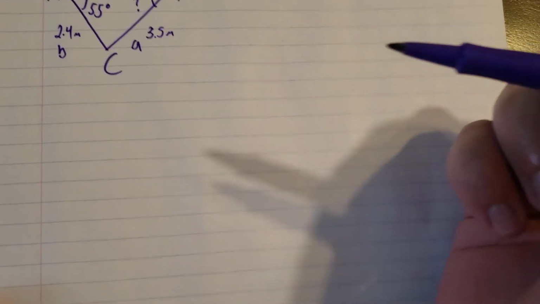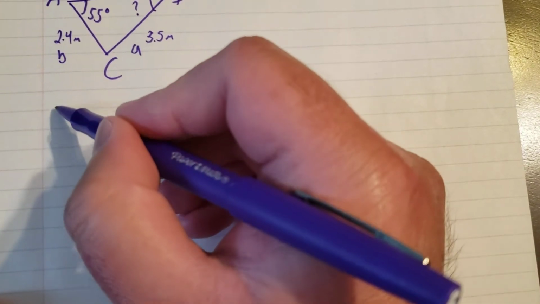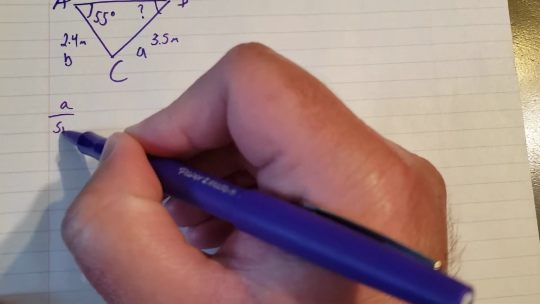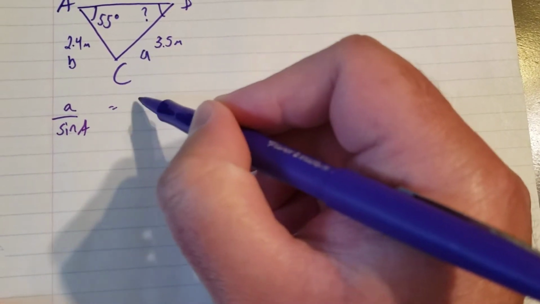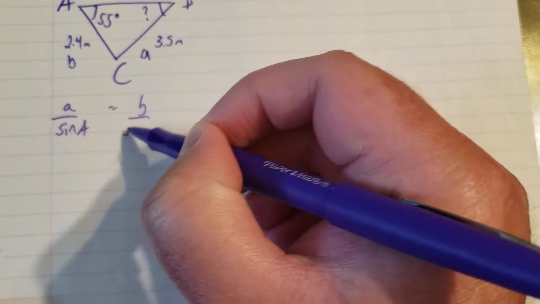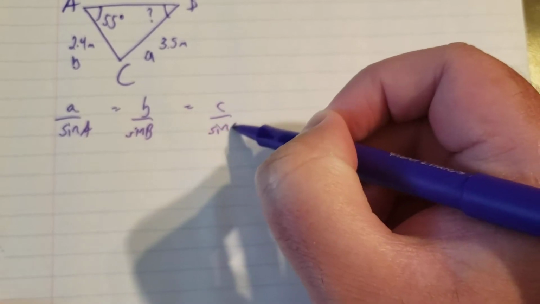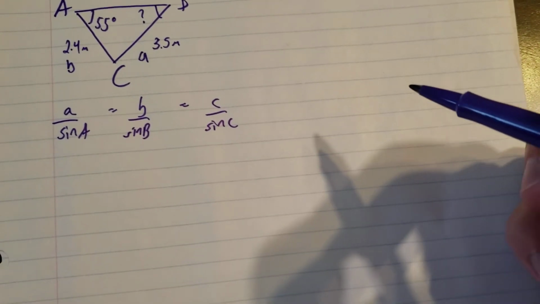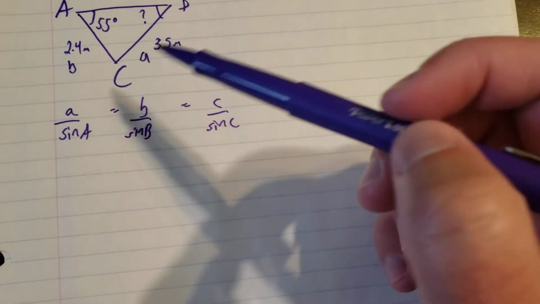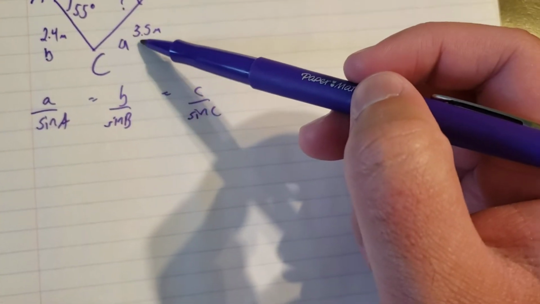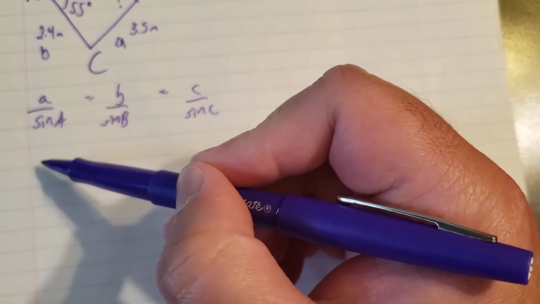Again, I'm going to write my sine law. So the sine law looks like this: a over sine A equals b over sine B equals c over sine C. Okay, again, I will fill in what I know. Little a, I know is actually 3.5.